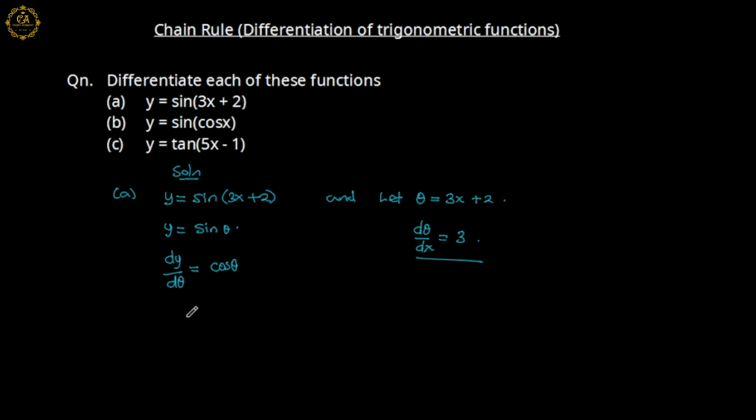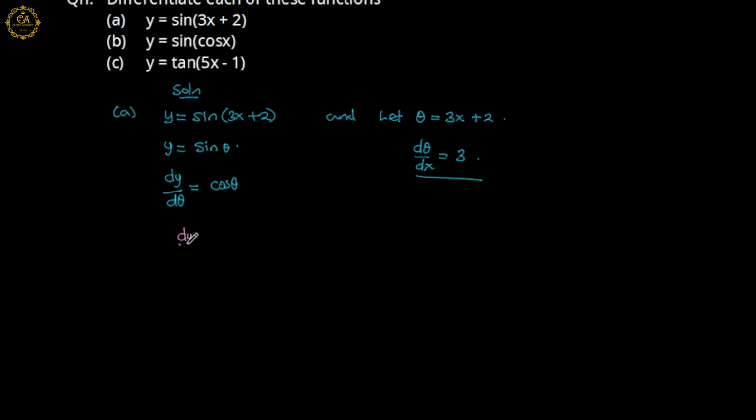Now we can go ahead and state our chain rule that says dy by dx, which is the original expression from our function here, can be obtained by the two derivatives we have just got from the result of substitution of this theta by 3x plus 2. So we have here dy by d theta, and we multiply it by d theta by dx.